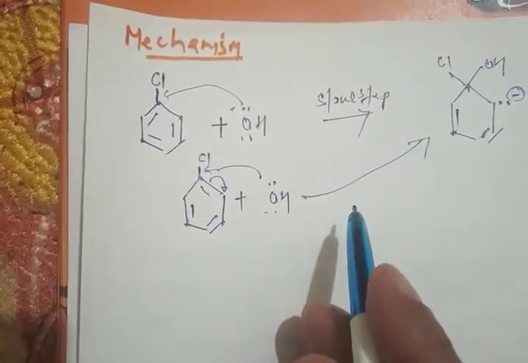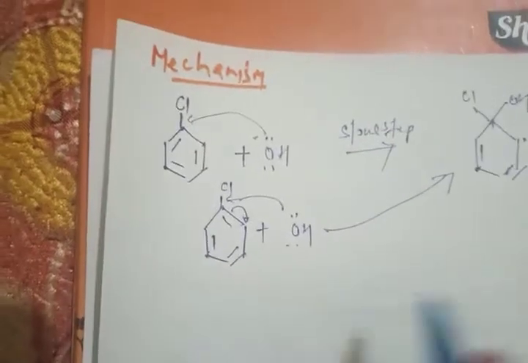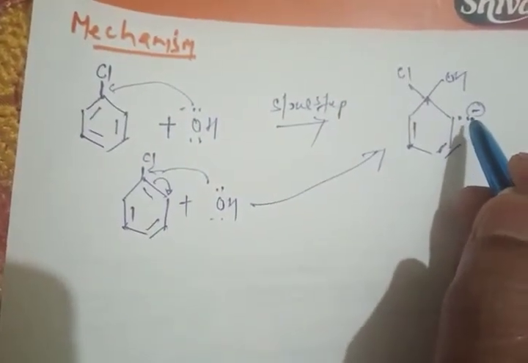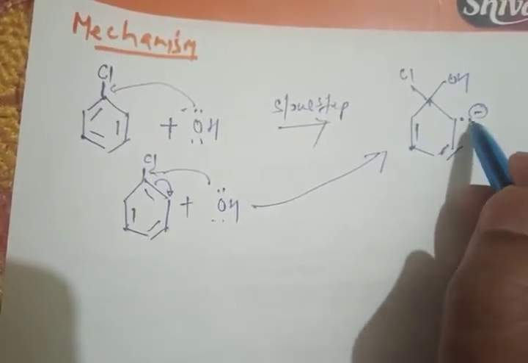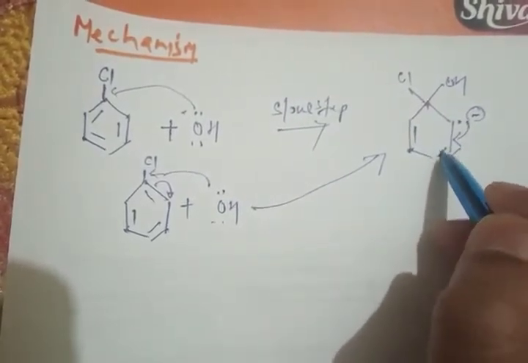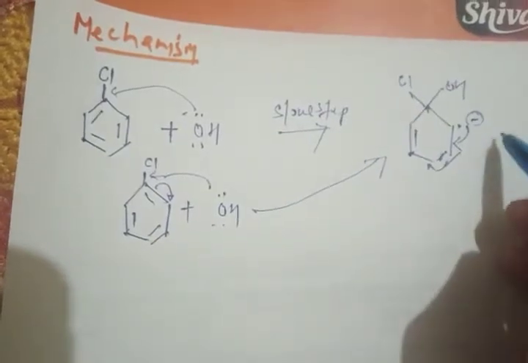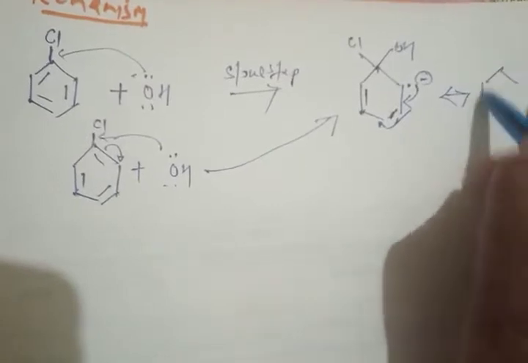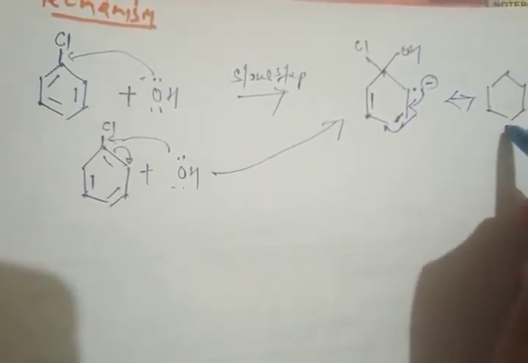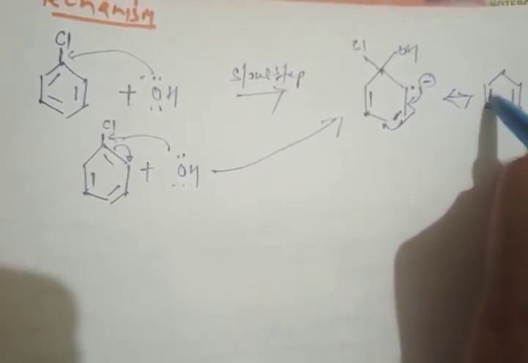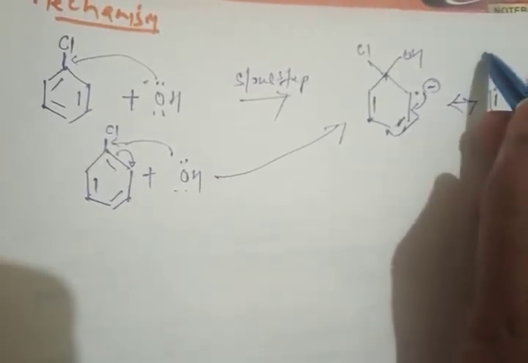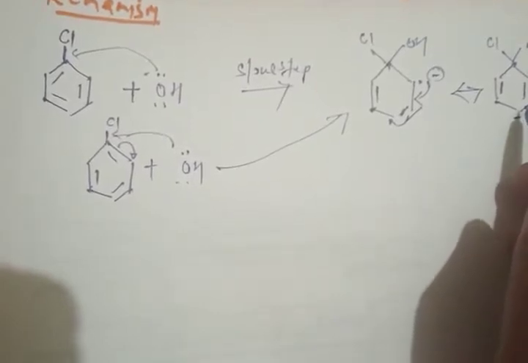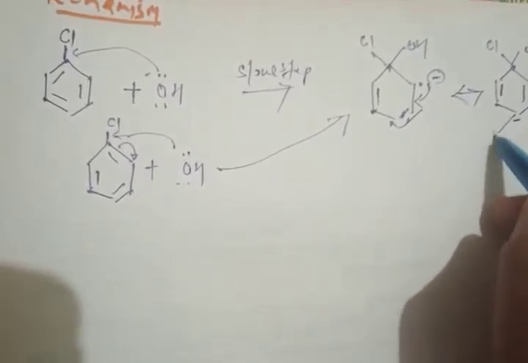So let's go for the resonating structures. If you go for this, what will happen, this will come to this side and this pi electron will shift to this one. So this will give you a negative charge here with Cl and OH, and again hydrogen here.